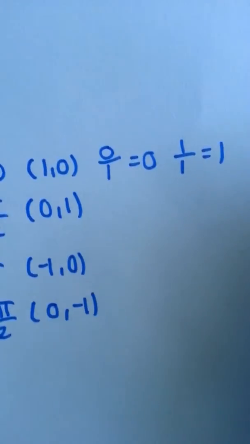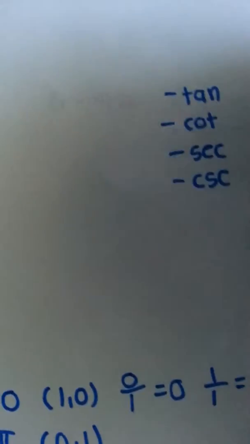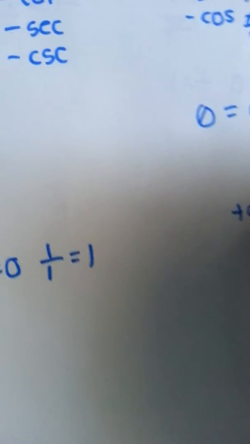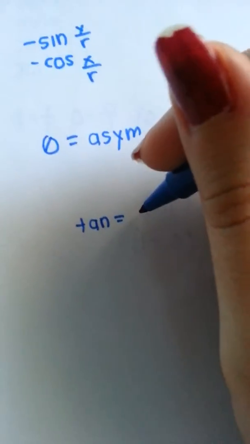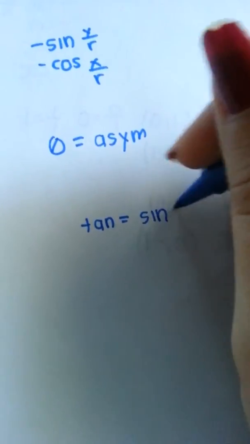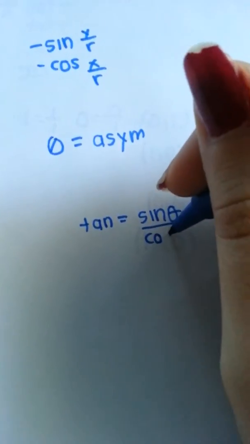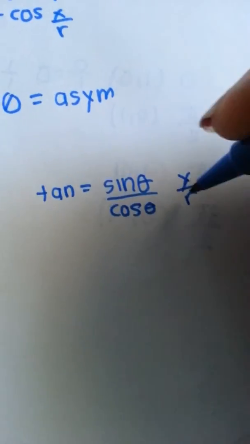Okay, so for example, we have these 4. If we use our identities, we know that tangent is sine over cosine, meaning that it's y over x.